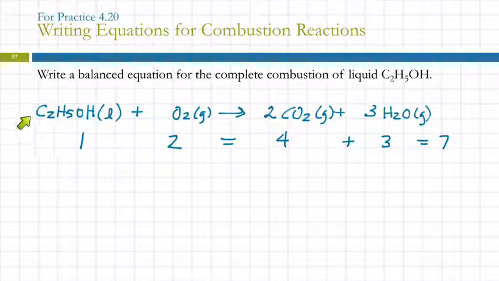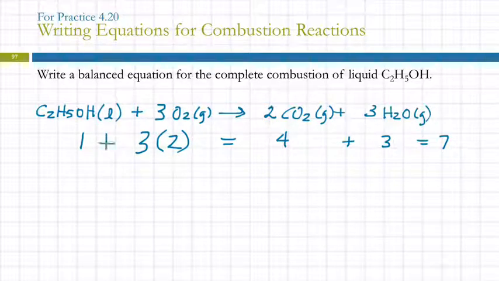I don't want to mess around with the coefficient on the ethanol, because that'll mess up everything else. I want to just mess around with the coefficient for the oxygen. I do have even here and odd over there, but I'm also adding 1, so it's going to be okay. Yeah, 3. If I put a 3 here, 3 times 2 is 6, plus 1 is 7. Balanced chemical equation. Any questions?